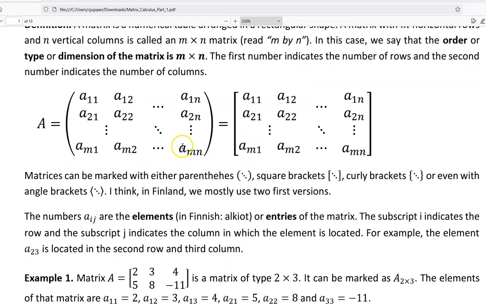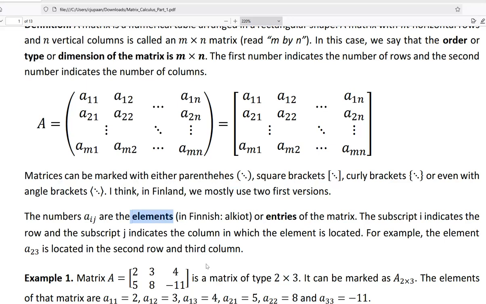Those numbers inside of matrices, we can call them elements or entries. In Finnish mostly we use the word alkio, it is exactly the same as element. Well, not exactly. The word element, if you think of chemistry, carbon and oxygen and hydrogen, in Finnish we call them alkuaineet, elements.